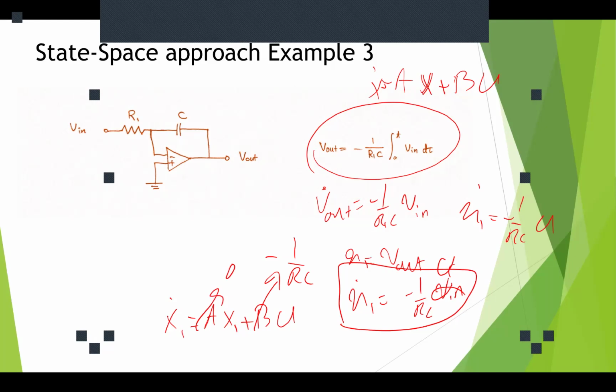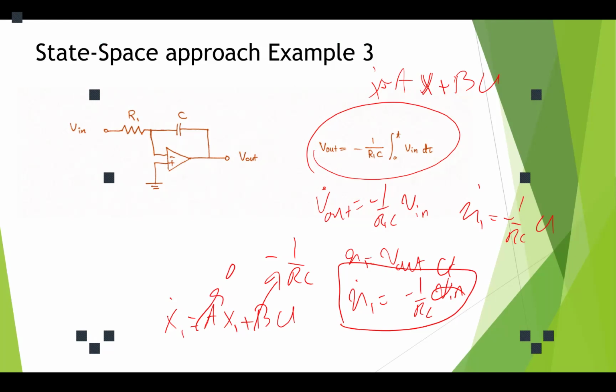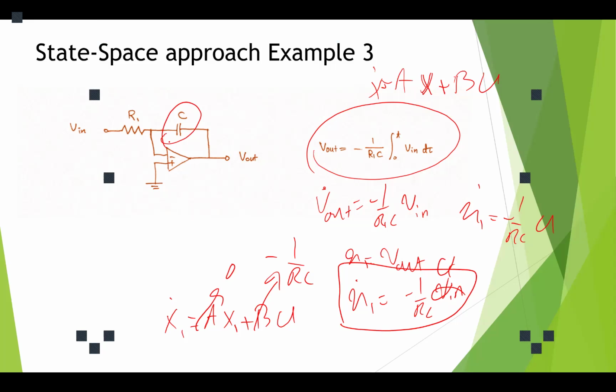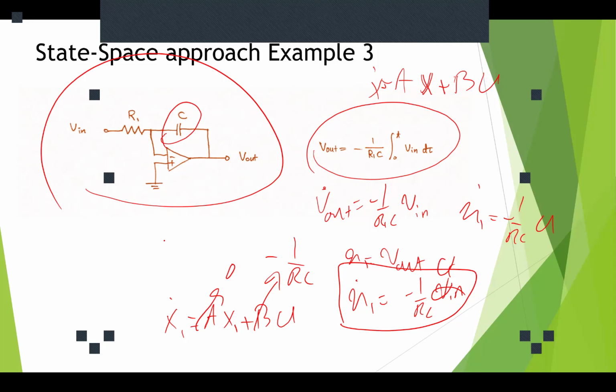Here we only have one variable because we only have one energy storage component in our system. And when we have one energy storage component, the general differential equation is going to be first order, so the state space is going to be one variable. Make sense? In practice, you don't need to use a state space to analyze this because it's first order.